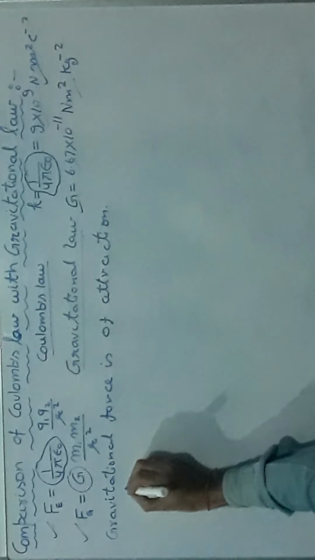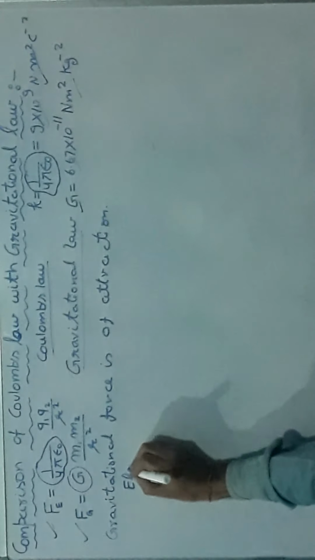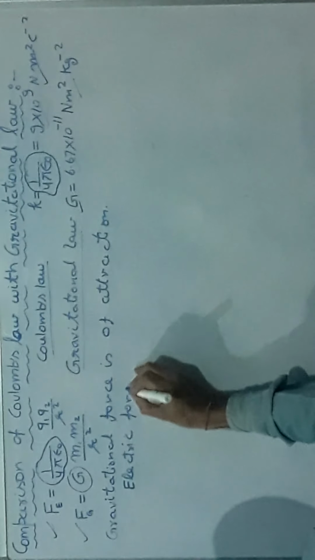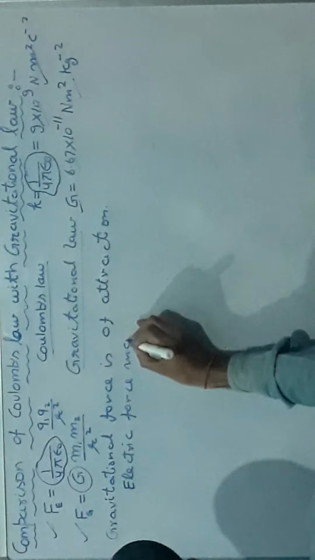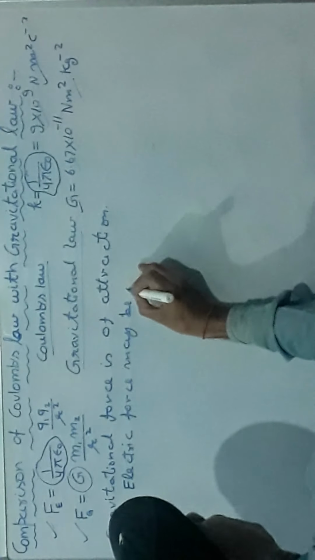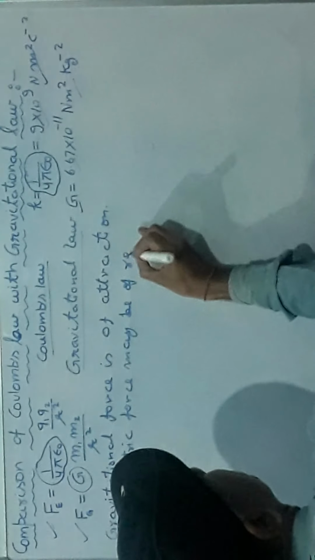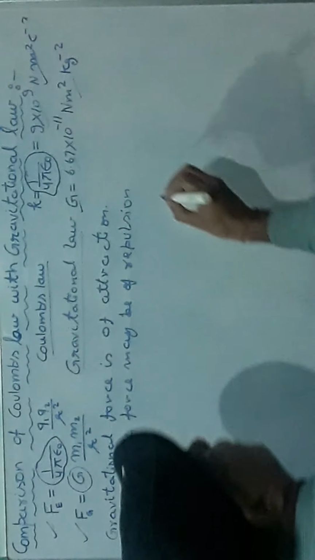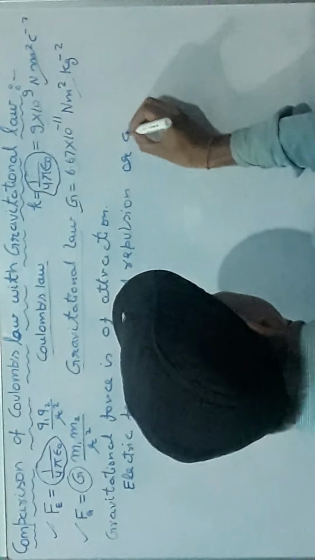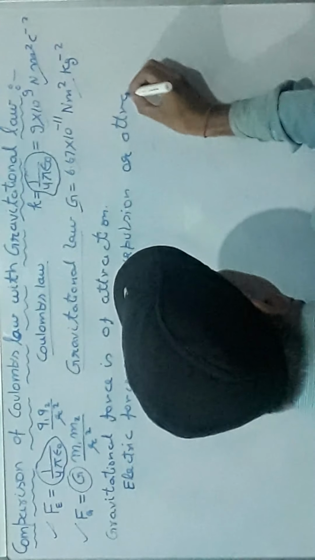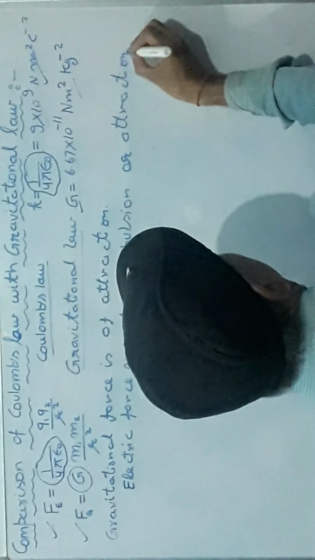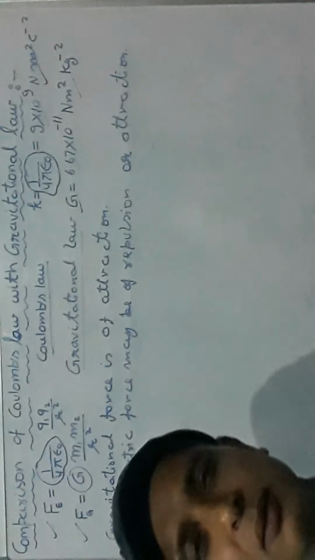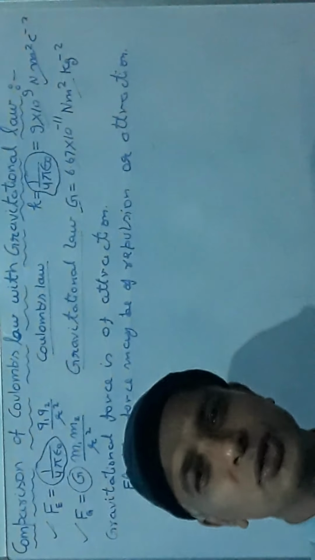But the electric force, put forward by Coulomb, may be of repulsion or attraction. It means the charged bodies can be attracted or they can be repelled, but in gravitational force there is always a force of attraction only.